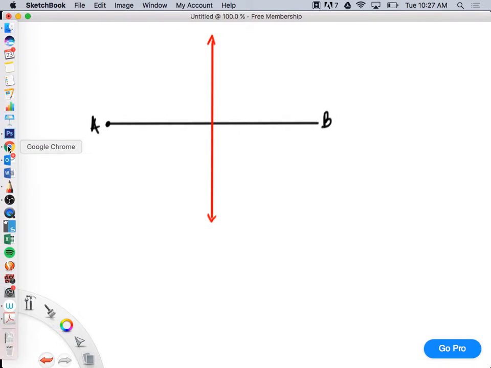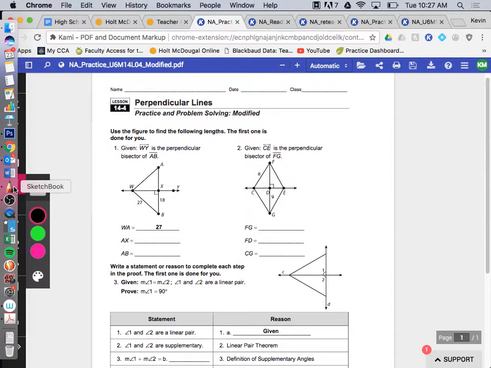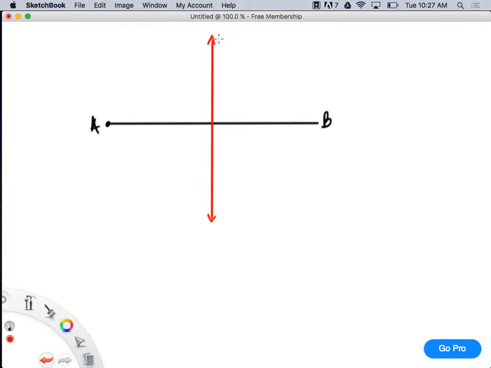So here's line M, let's call it. Let's call this line M. And line M is the perpendicular bisector of segment AB. Does that make sense to you guys? Perpendicular bisector.